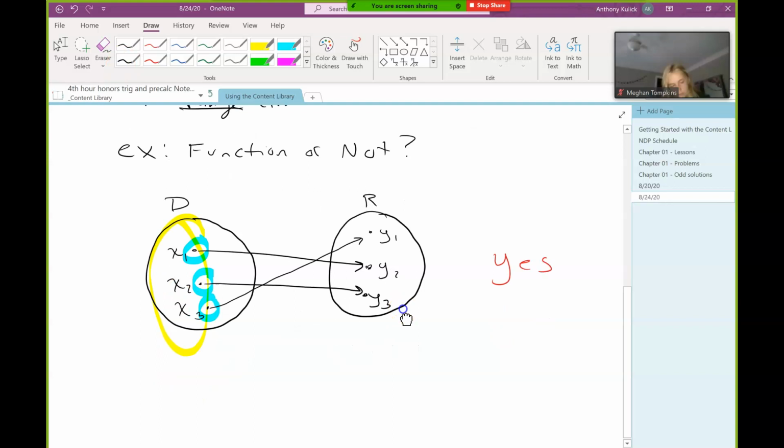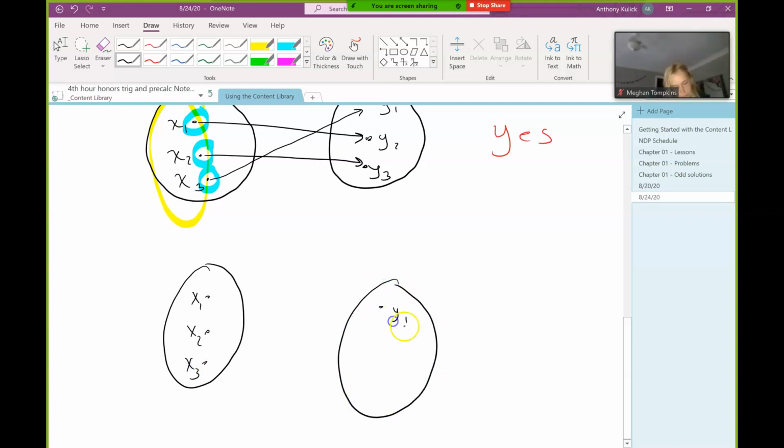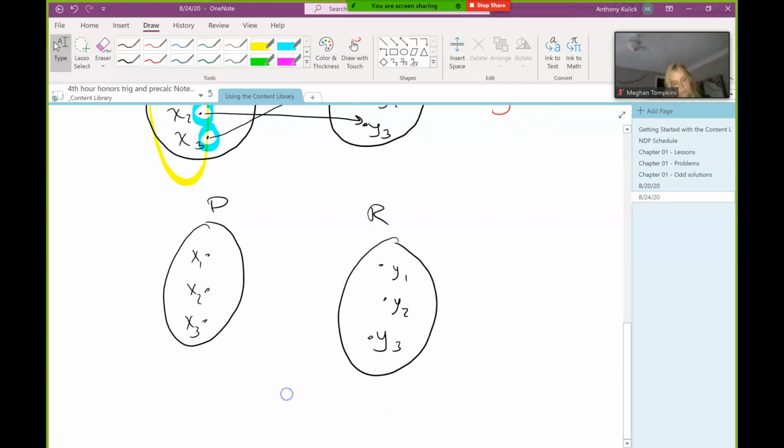Okay, let's do another example. Does this guy represent a function?